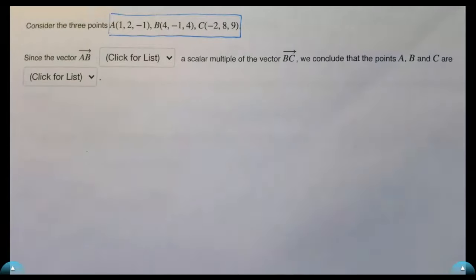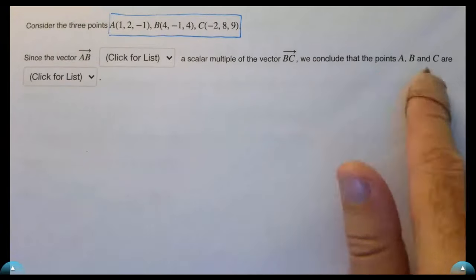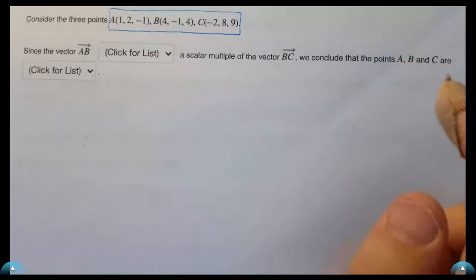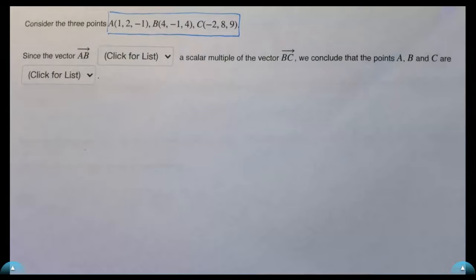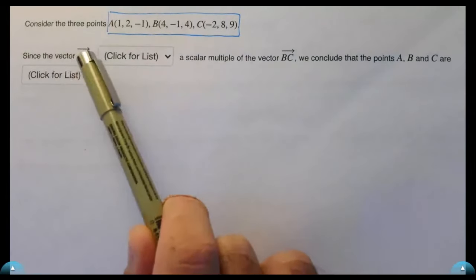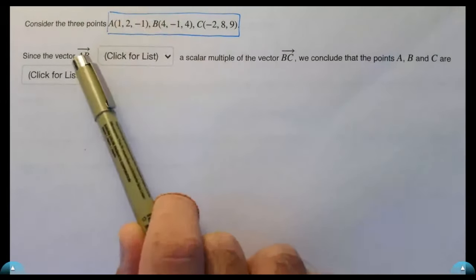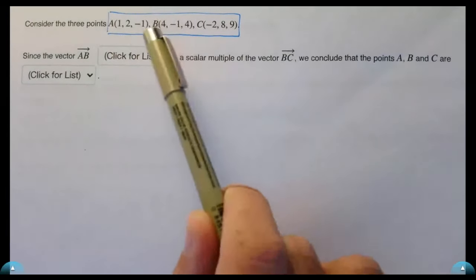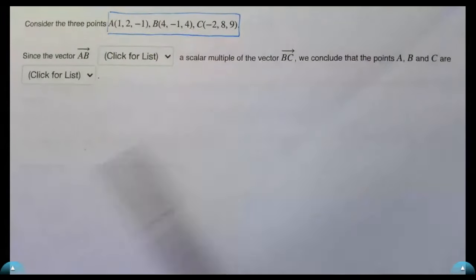That is the question. And then there's a second part where they ask you about whether the points A, B, and C are collinear or not. So one strategy for this problem is to compute the vector from A to B, compute the vector from B to C, and then compare them. That's essentially what they want you to do with this problem.